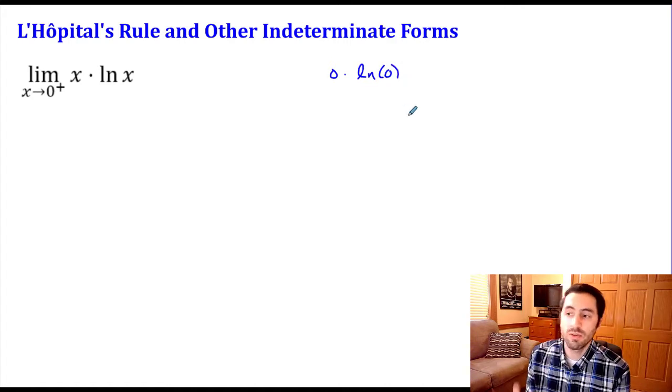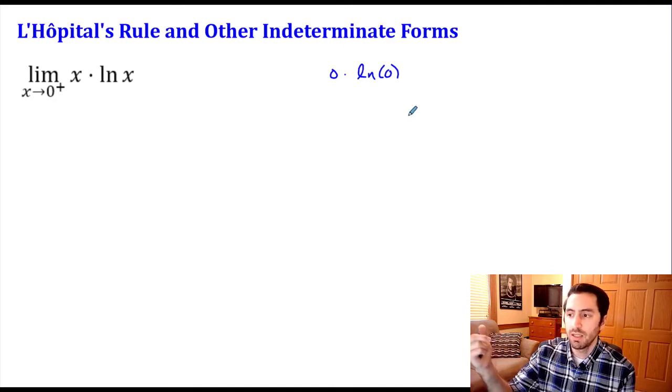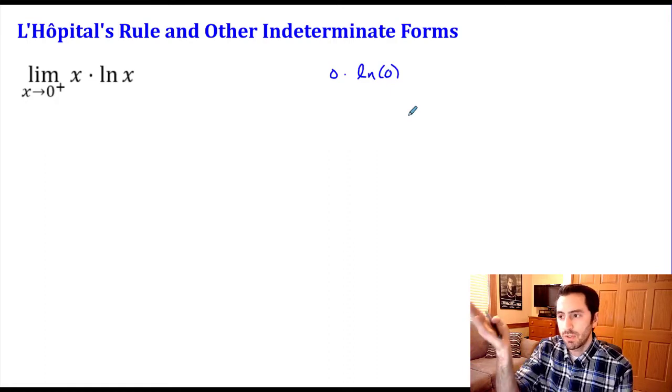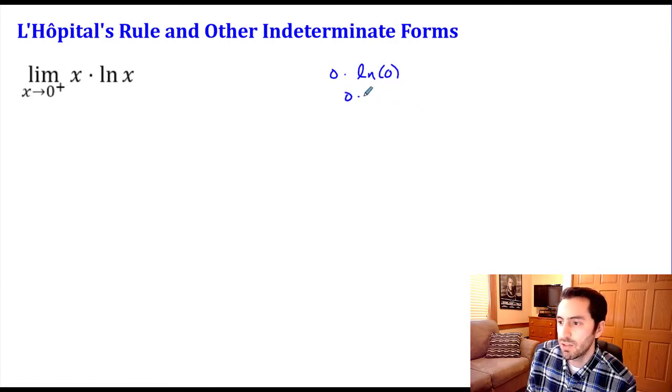The natural log of 0 is actually undefined. If we were to take a look at the graph of this, as I approach from the right, we have a vertical asymptote at 0. So the natural log becomes unbounded as we approach 0. So this limit is actually 0 times infinity.